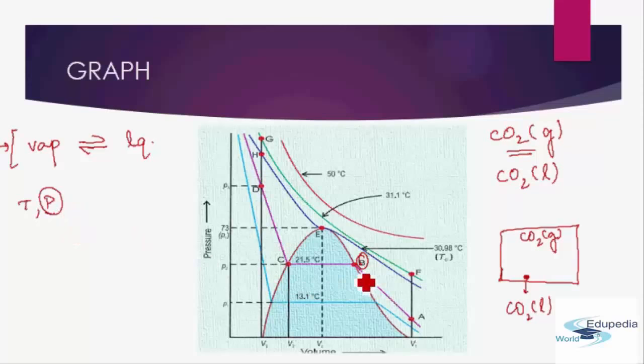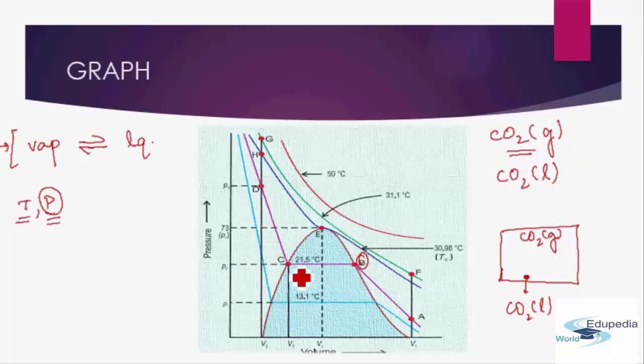Once point B was reached, the isotherm entered the dome structure, and inside this dome pressure doesn't change for a given isotherm.